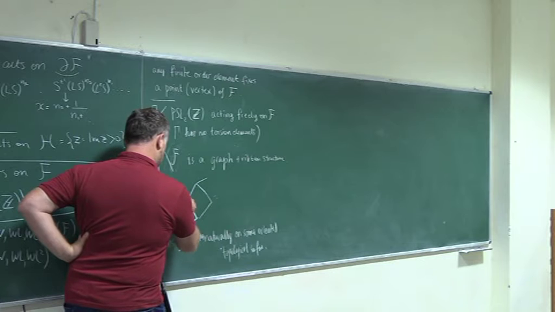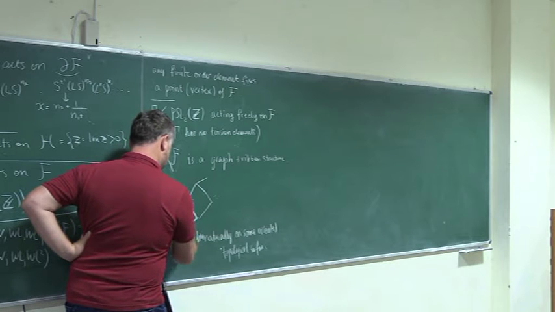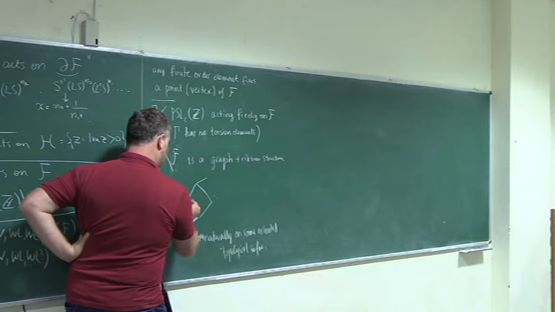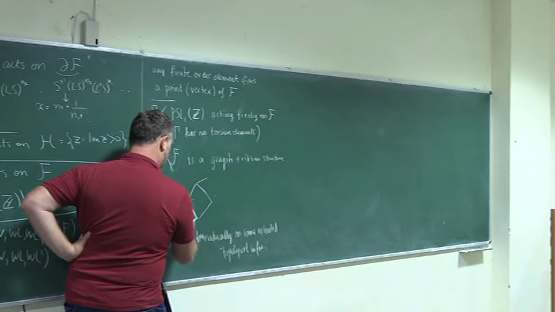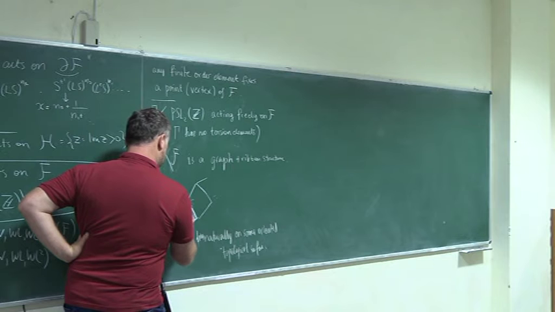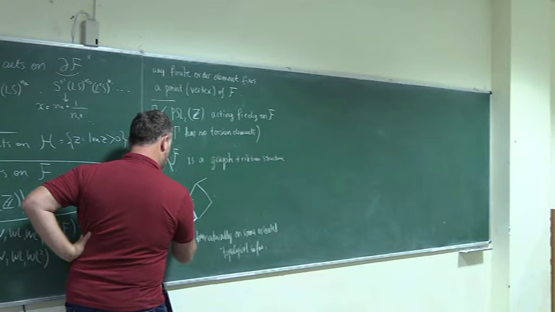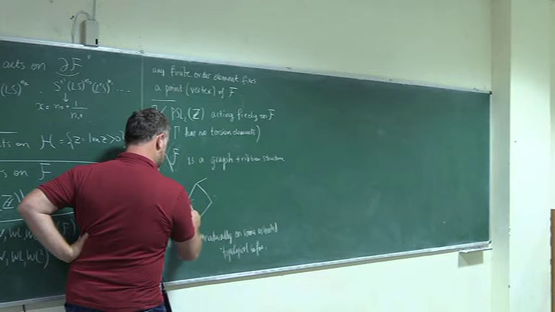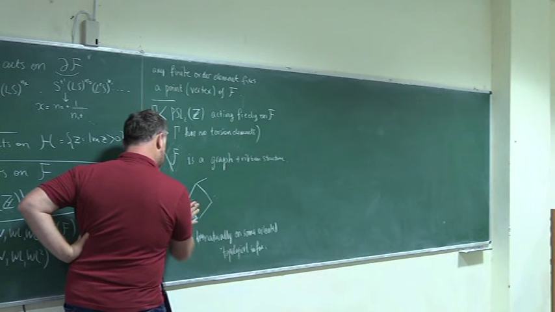So I'm going to have something like this here, and I fill this with a disk. For some reason, this disk must be punctured. So every time I have such a loop, I glue a punctured disk.